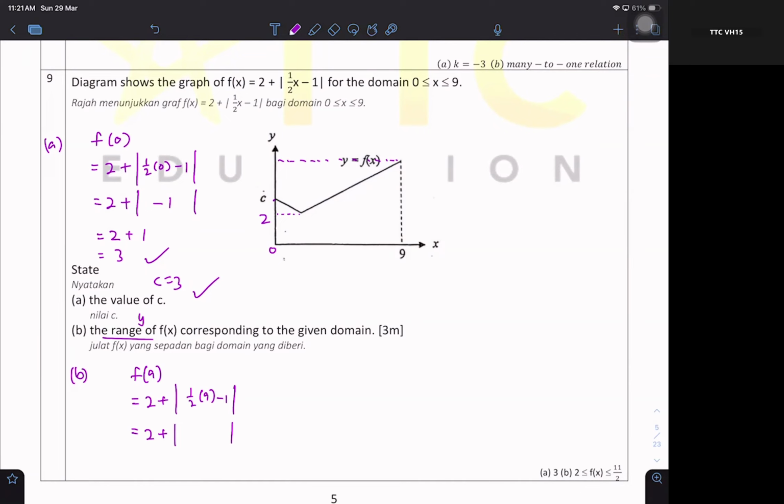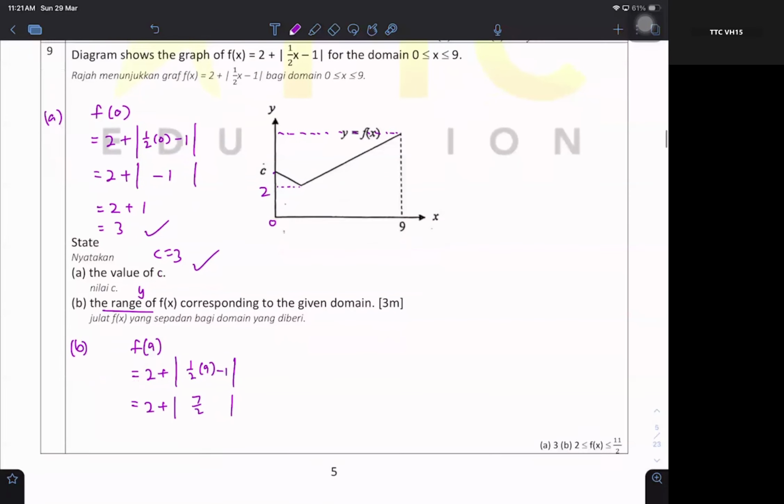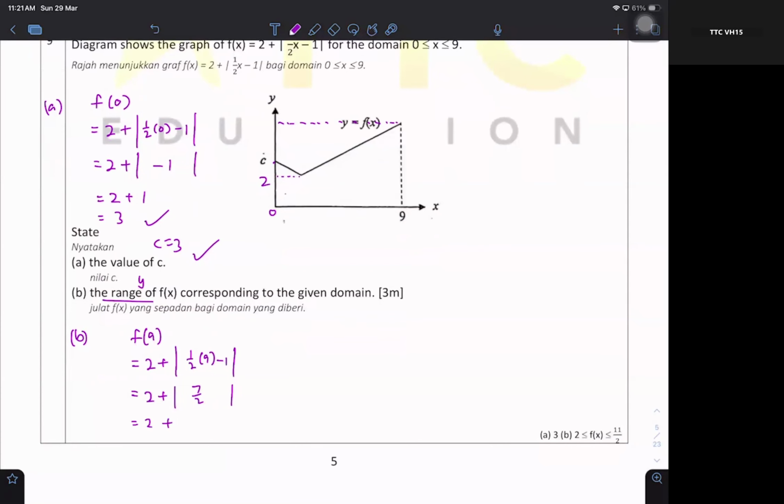You get 7 over 2. Modulus 7 over 2 is 7 over 2. 2 plus 7 over 2 is 11 over 2. So here is 11 over 2.